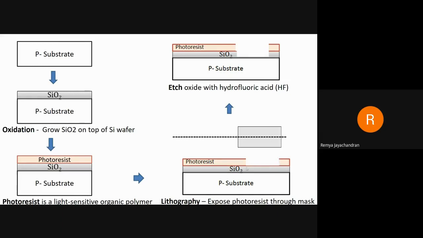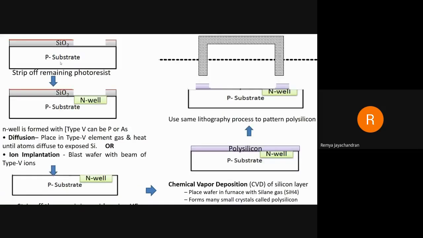And here we can etch the oxide with hydrofluoric acid, and then we can implant this N-type dopant into that by diffusion and ion implantation process, and then remove the remaining portions, that is the silicon dioxide. So the N-well is created.